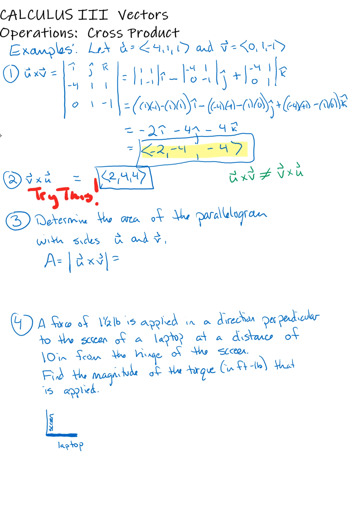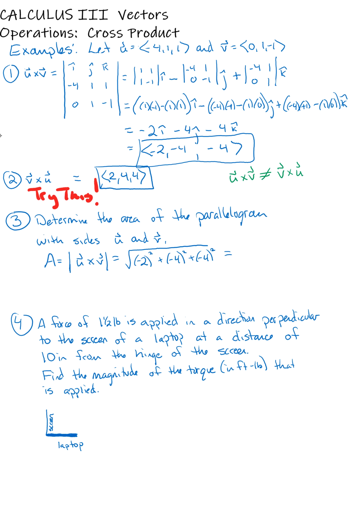We already figured out what U cross V is, so we want the magnitude of it. To find the magnitude, it is the square root of the sum of the squares of each component. So that's -2 squared plus -4 squared plus -4 squared. Take a moment, do all that computation. It's not too bad.